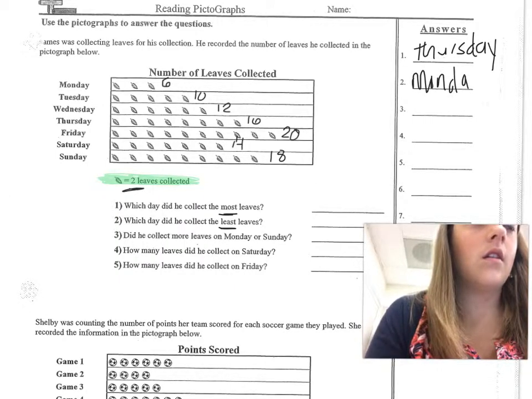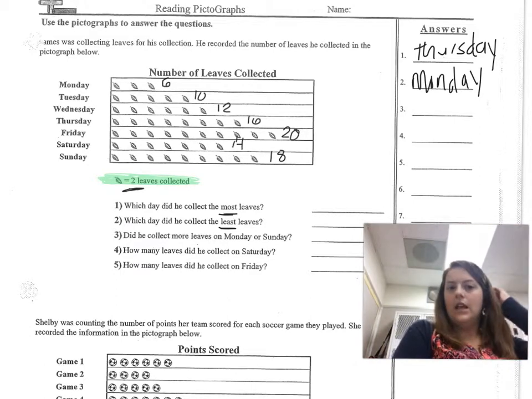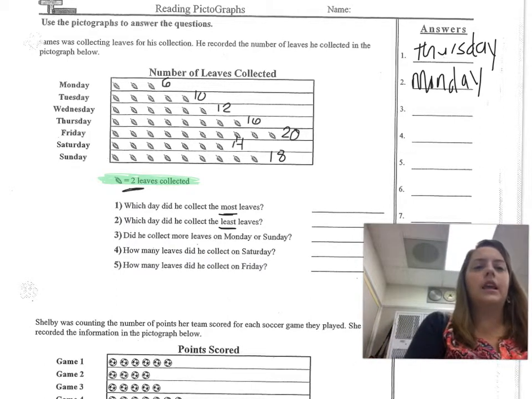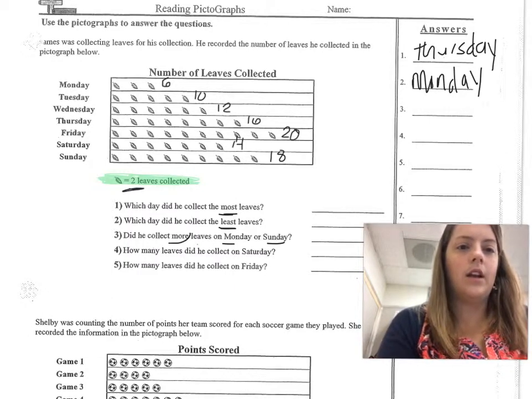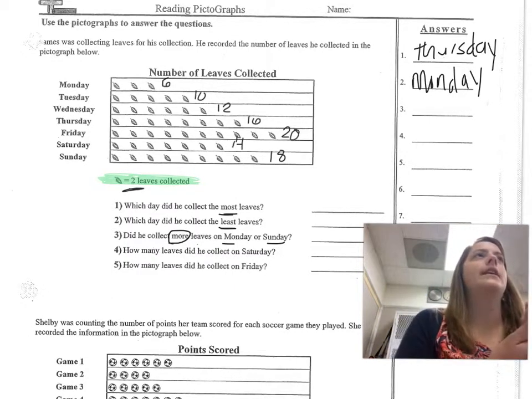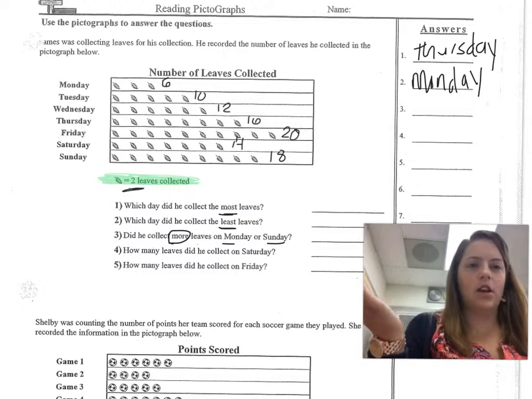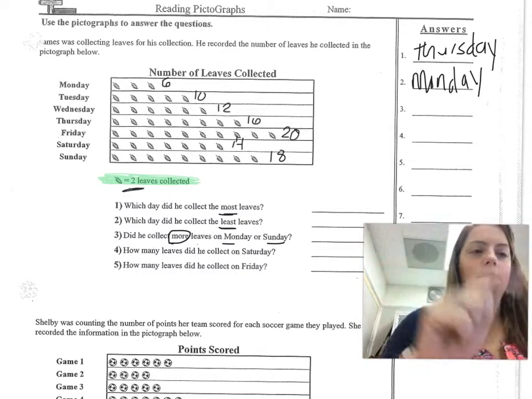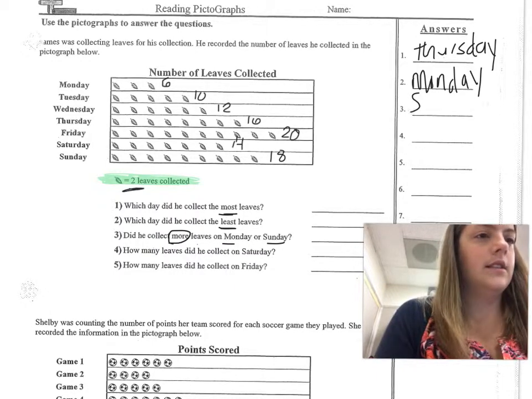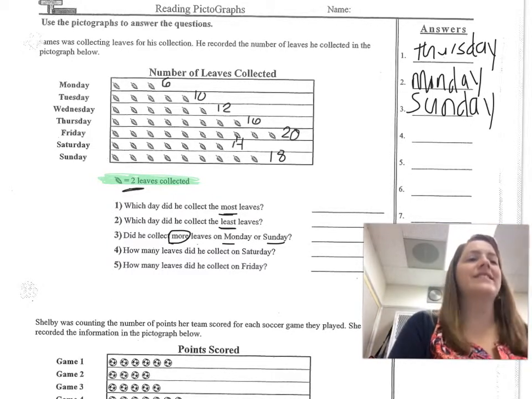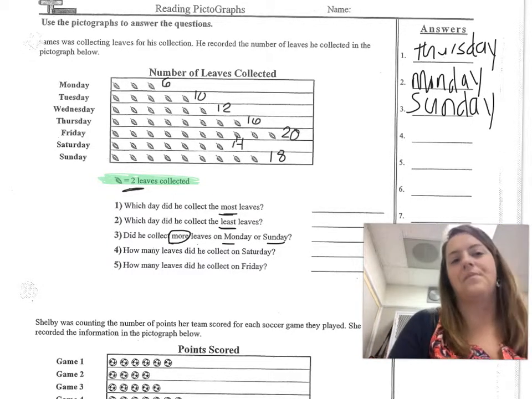So Monday. Did he collect more leaves on Monday or Sunday? The keyword here is more, and more means bigger. So was Monday, which was 6, or Sunday, which was 18, more? Sunday. 18's bigger than 6, so Sunday he collected more.